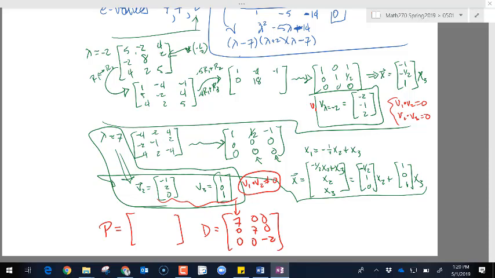Now, if we want an orthonormal basis, which is what we're striving for, we want to make sure we do the orthogonalization.